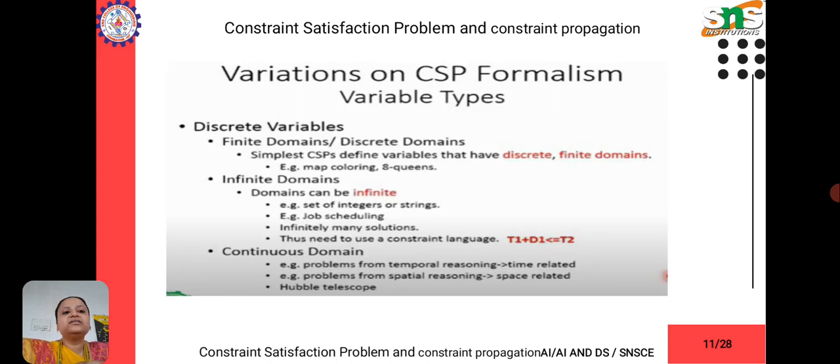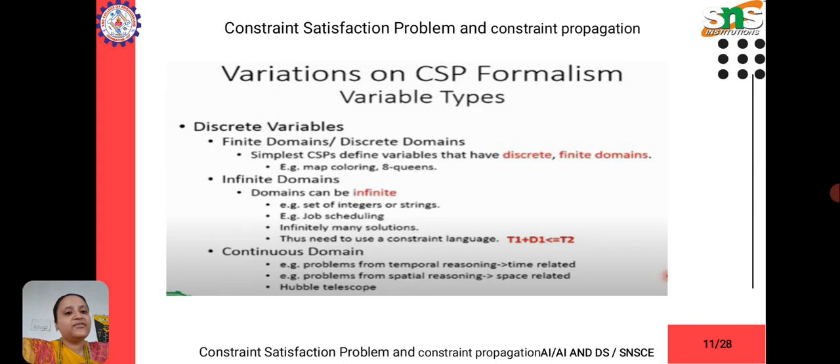Now here there are some variations on CSP, that is the discrete variables. In discrete variables you have different types: finite domains, infinite domains and continuous domains. Finite means you will have a finite set of values.